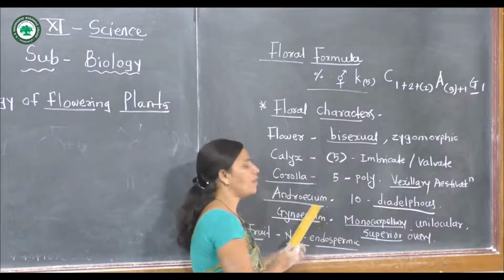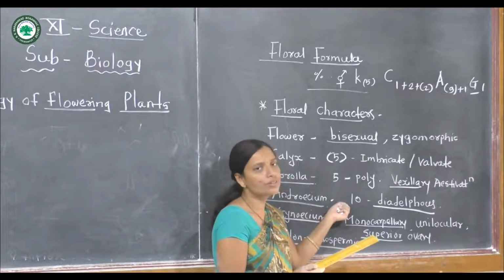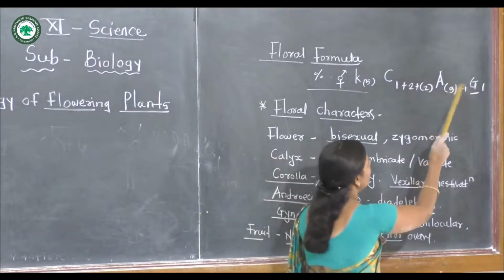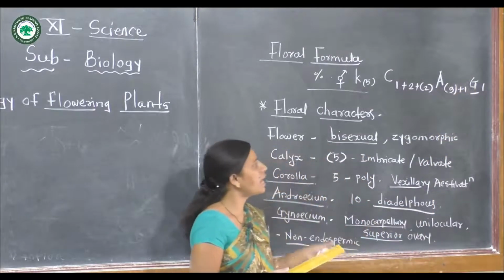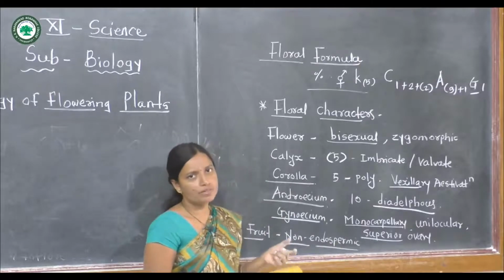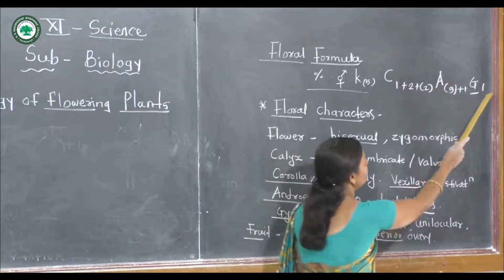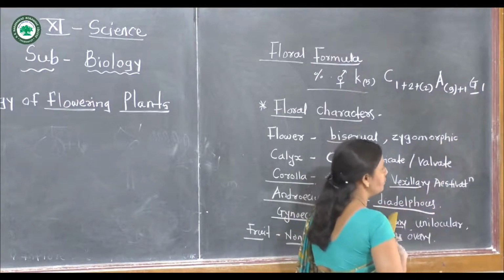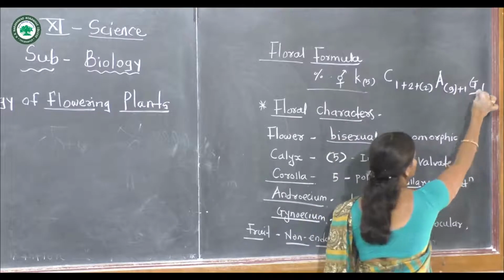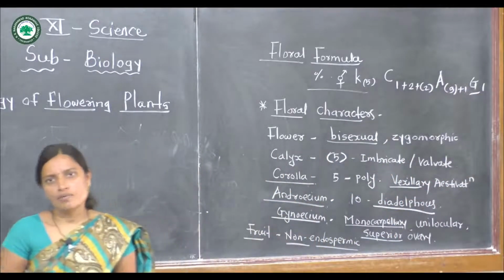The total number of stamens is 10, these 9 are fused, bracketed, and 1 is free. The gynoecium is monocarpellary and the ovary is superior. This is the floral formula of family Fabaceae.